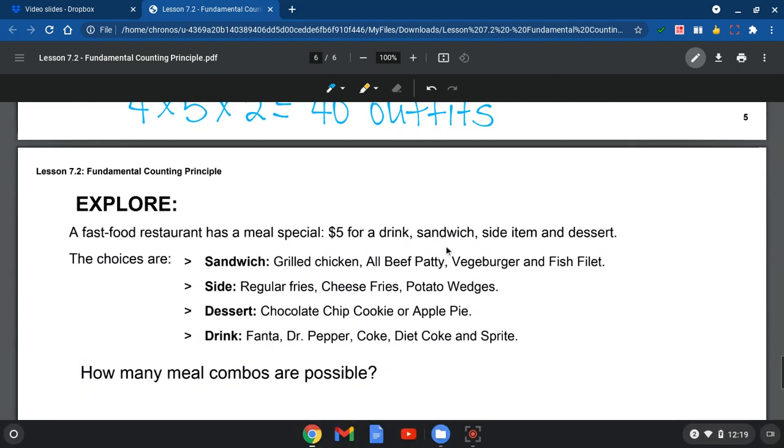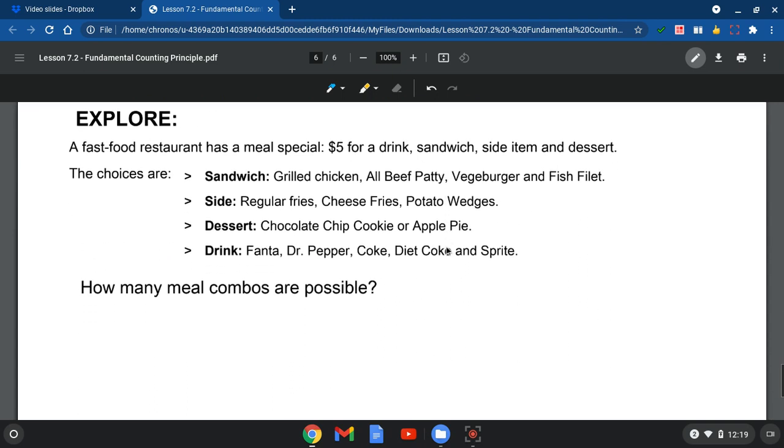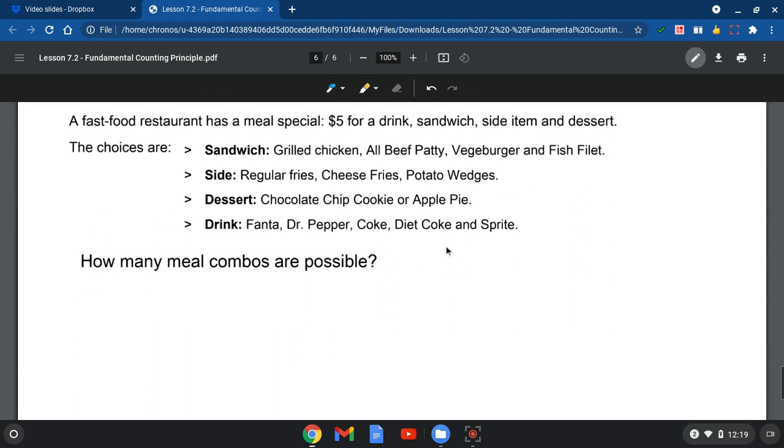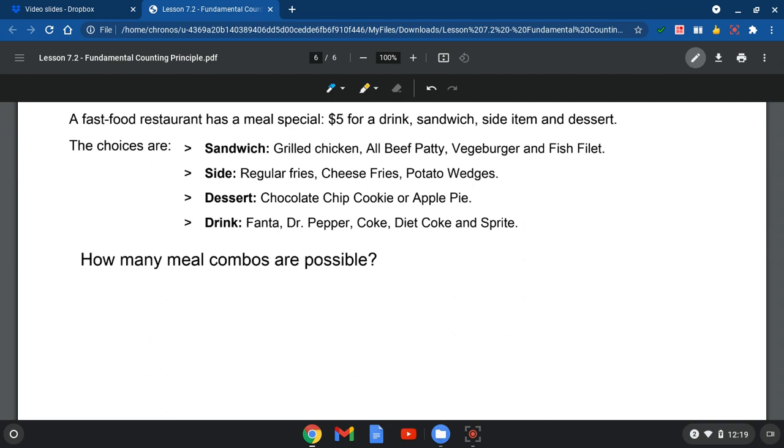So let us use this in practice. A fast food restaurant has a meal special, $5 for a drink, sandwich, side item, and dessert. Listed are the choices. So, how many meal combos are possible? Well, let's take a look.